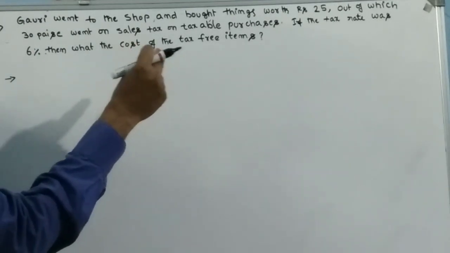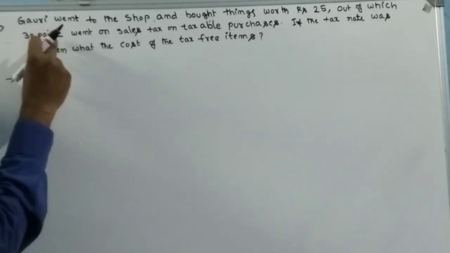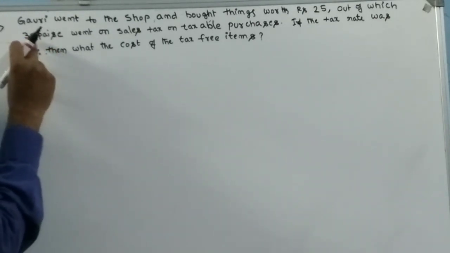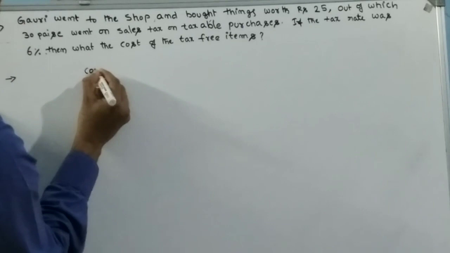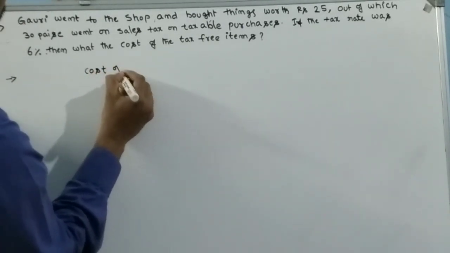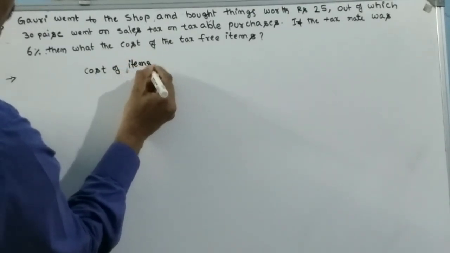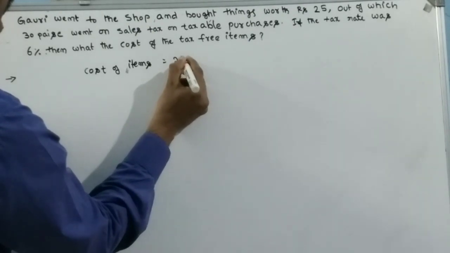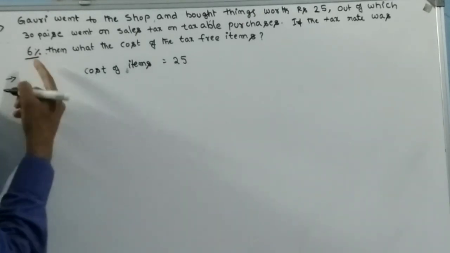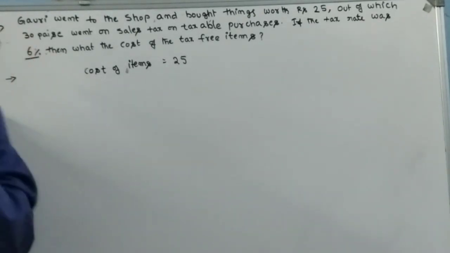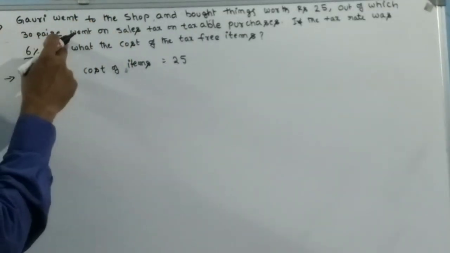The cost of the goods includes both taxable and non-taxable items. On taxable items, tax is 6%, that means 6% of the taxable items is 30 paise.